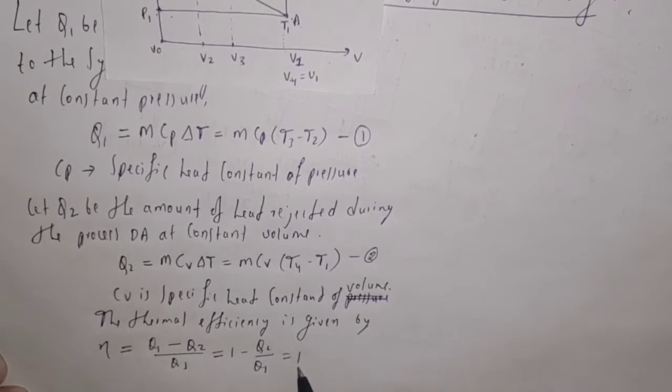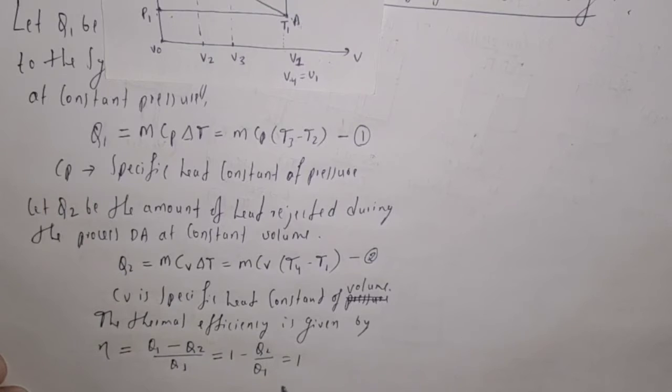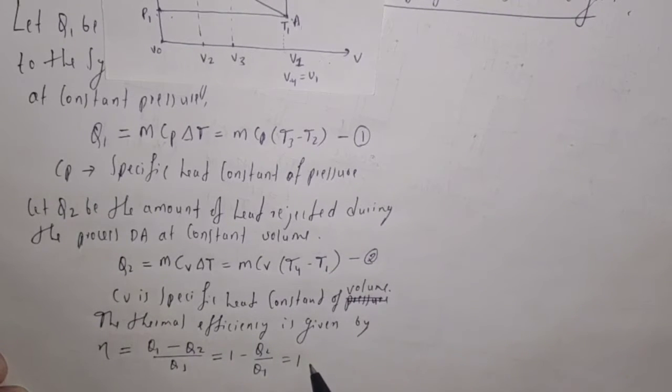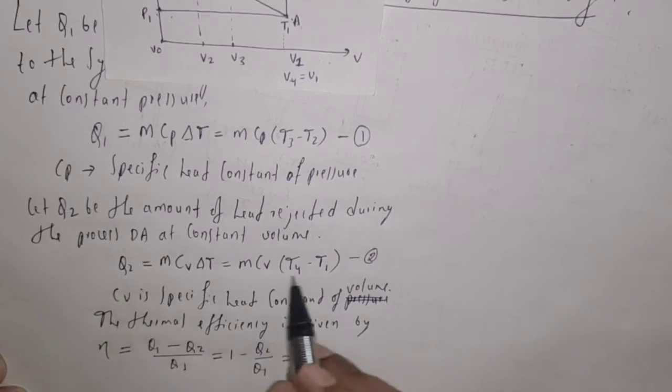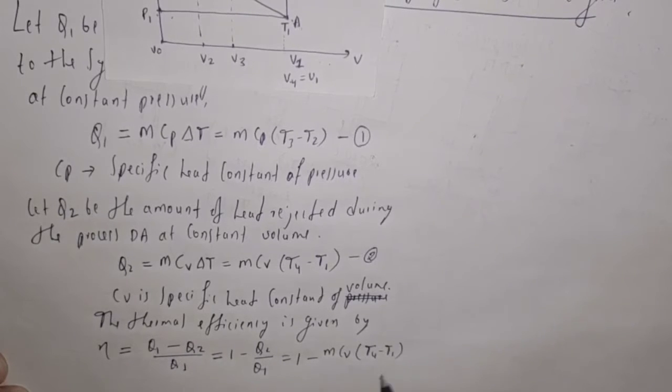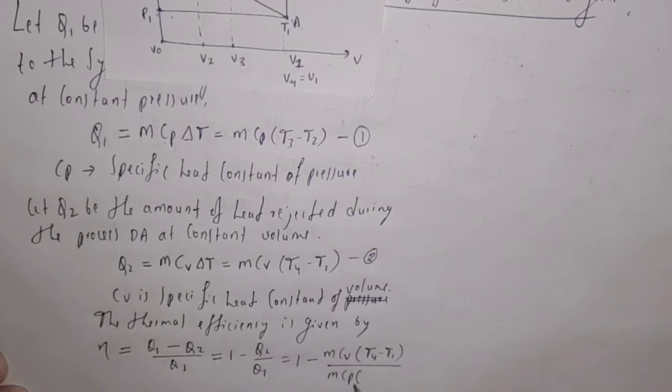If we substitute the values of Q1 and Q2 from equations 1 and 2, we get 1 minus m Cv (T4 minus T1) divided by m Cp (T3 minus T2).